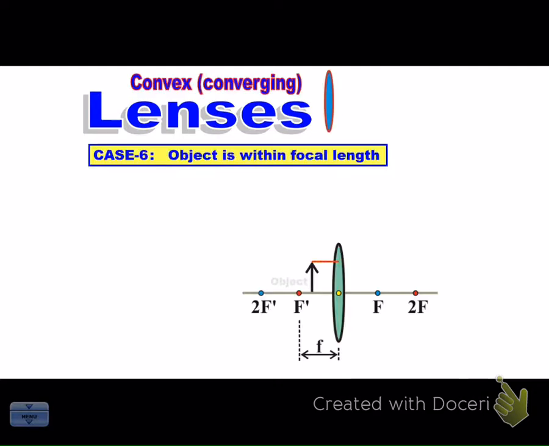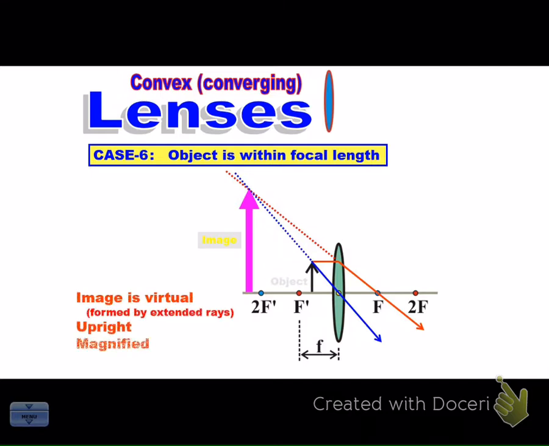And then finally, if we get the object really close to a lens, through the focal point, through the center. So this is a case where we can get a virtual image from a converging lens. Don't get too close to the camera. So this is a huge image. It is upright and it's very magnified.